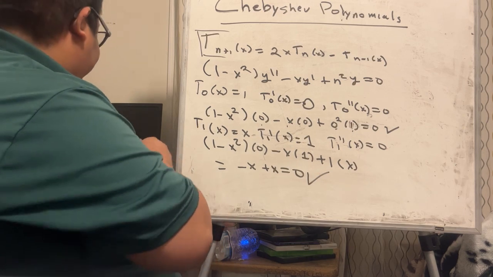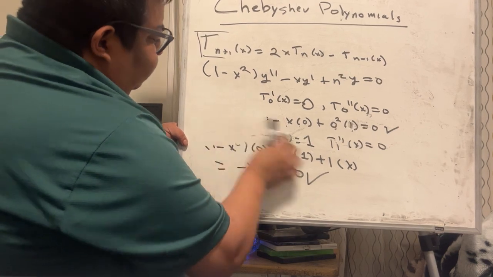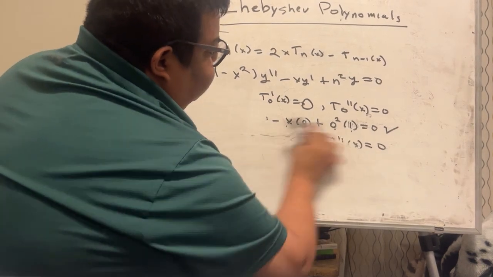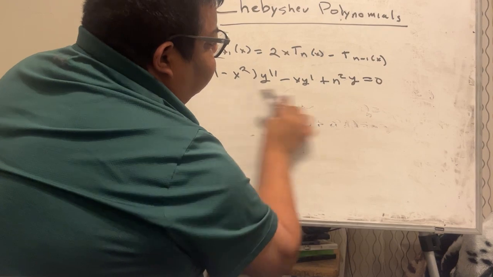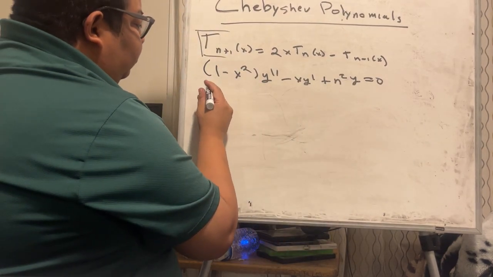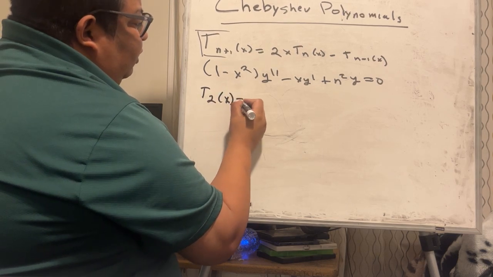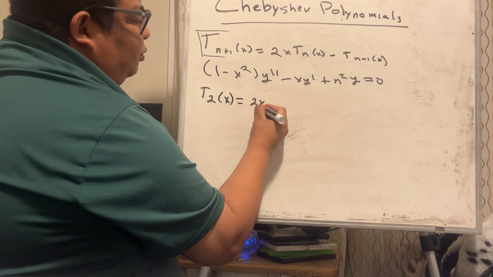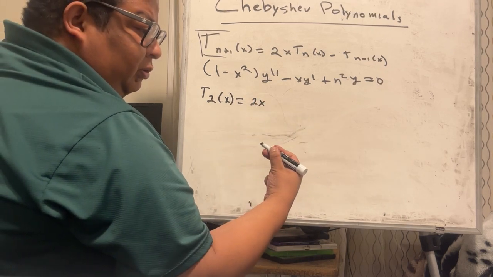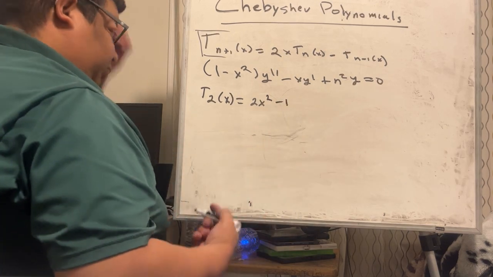Let's compute T2. T2 of x is equal to 2x squared minus 1, as we found before.